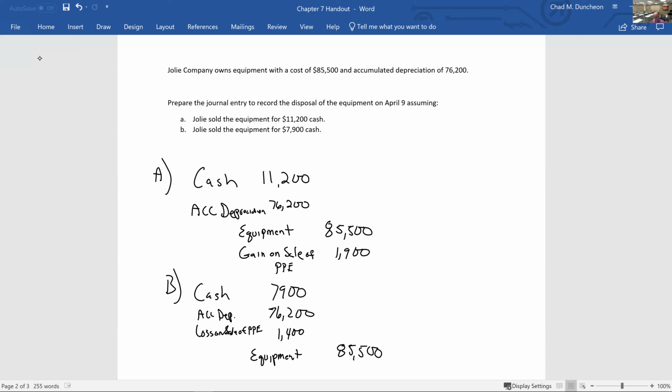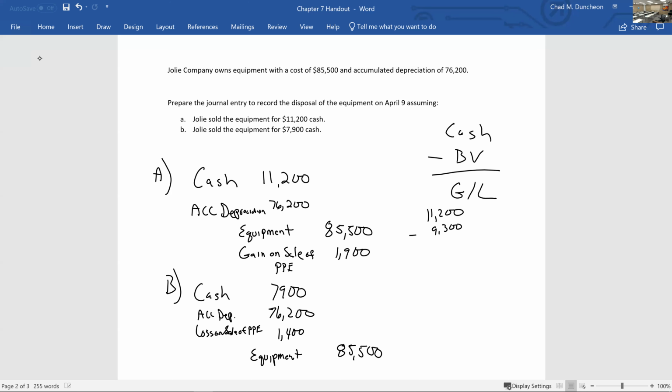And you can also calculate it like this. Cash minus book value equals your gain or loss. So here we had 11,200 minus the book value of 85,500 minus 76,200.